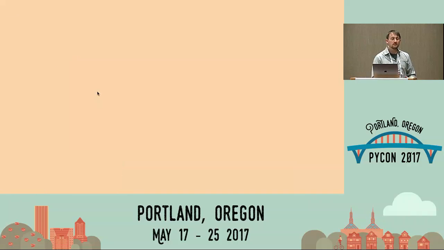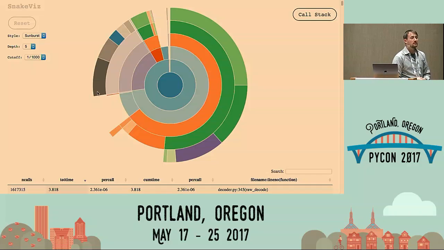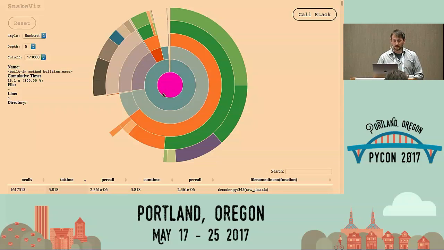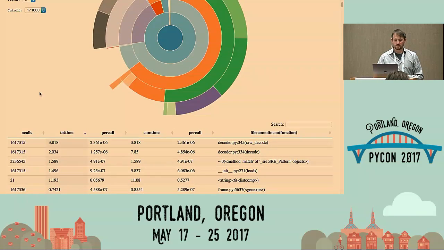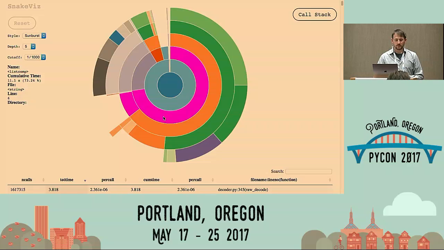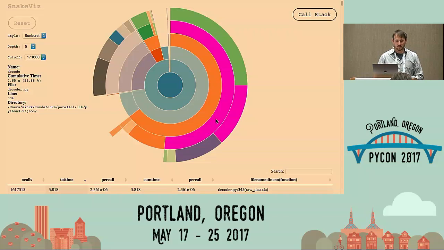When this is done, it's going to open up a new tab. What we have is a visualization of where Python spent its time in that operation. We can see it spent a lot of the time in a list comprehension. You can see the information shows up over here, where when I hover over something, we can see that we're actually spending a lot of time in this piece, which is JSON decoding.